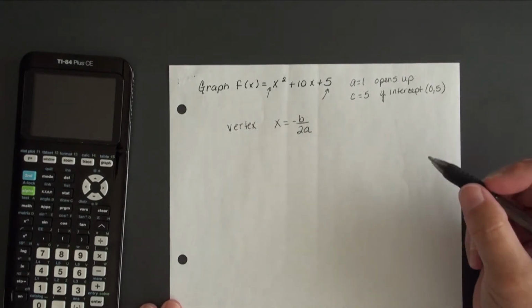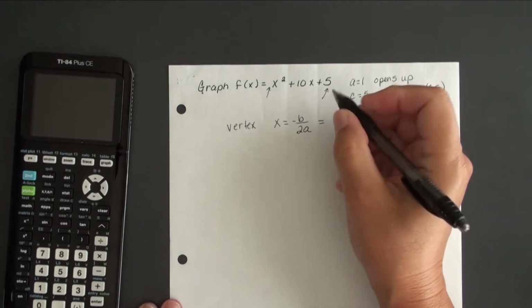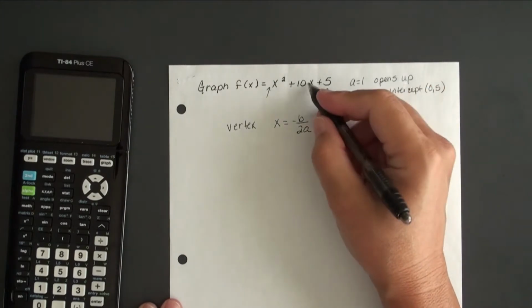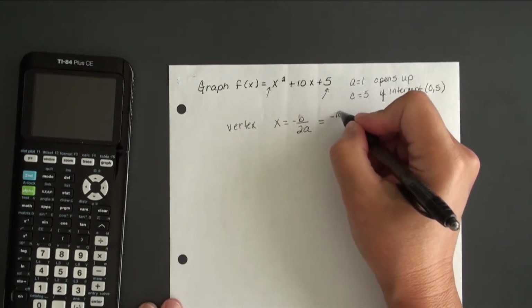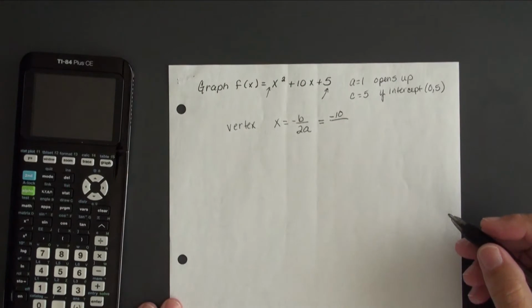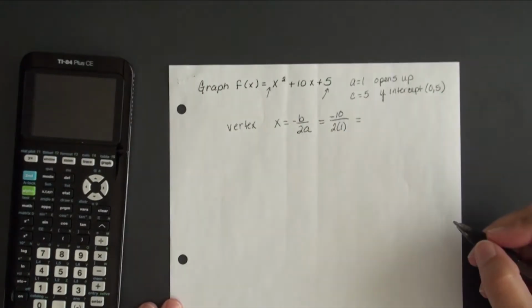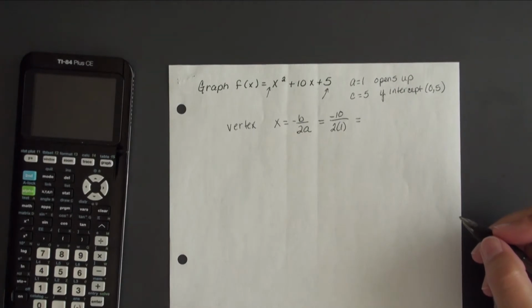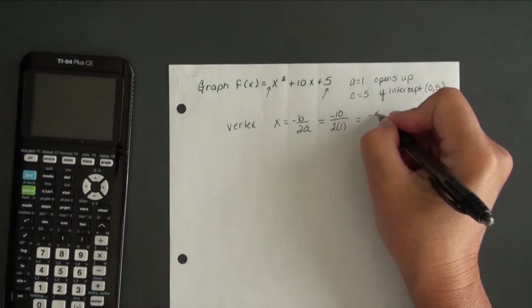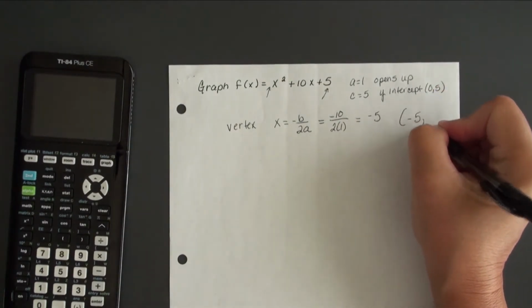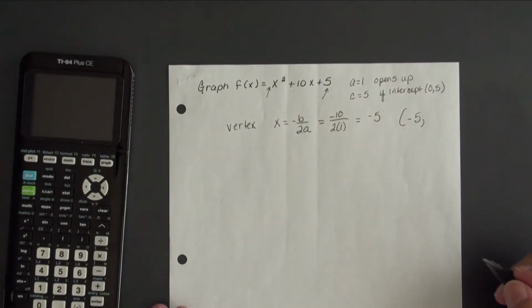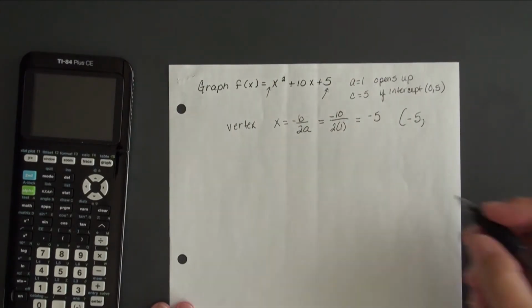That will help you remember it. So -b is -10, over 2 times a, 2 times 1. -10 divided by 2 is -5. So the x value of our vertex is -5.